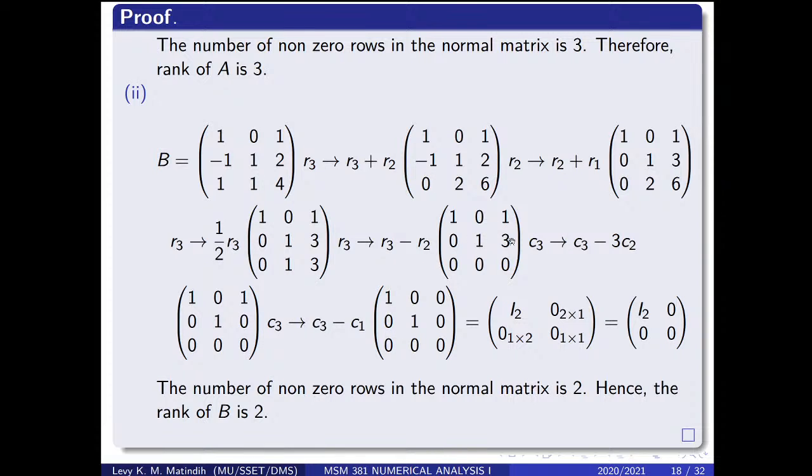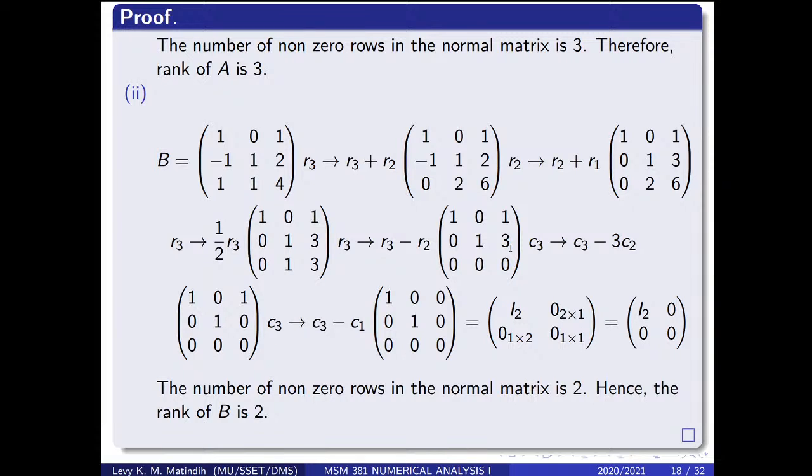Again, if we apply anything on row 2 with respect to row 1, still this row 2 will take us back to where we started from. Then at this stage, it's possible for us to apply the column operations.